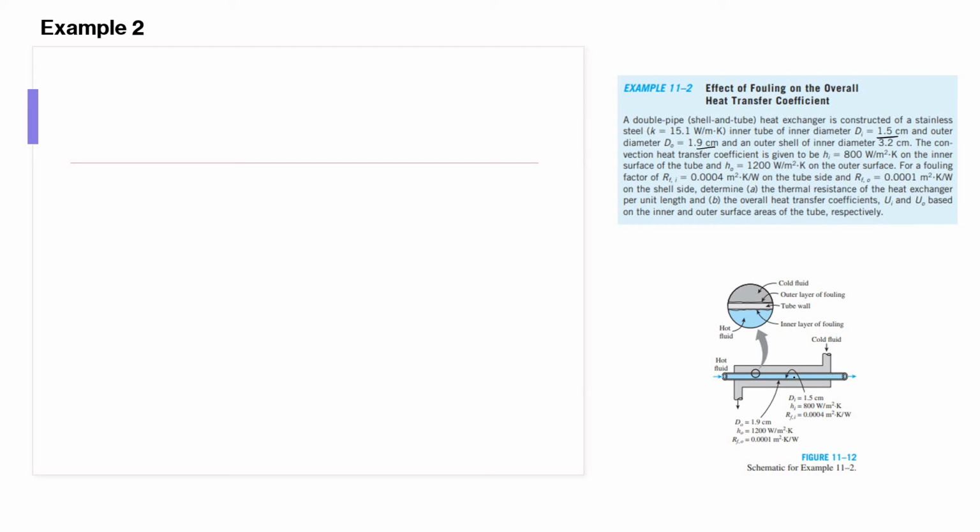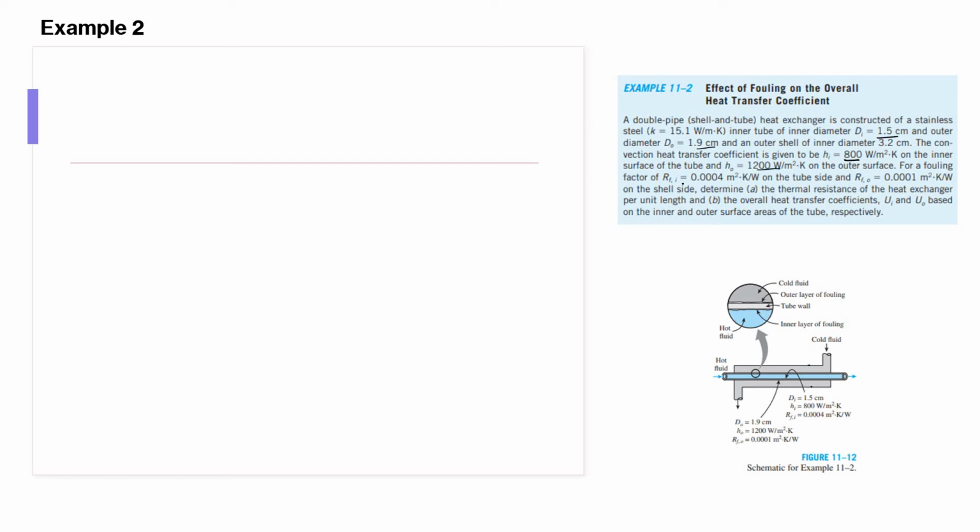So di is in here. The arrow shows the di, and d naught is the outer of the tube. So the outer of the shell is the annular space from here to here, 3.2 cm. The convection heat transfer coefficient is given as hi equal to 800 on the inner surface of the tube and h naught is 1200 on the outer surface.